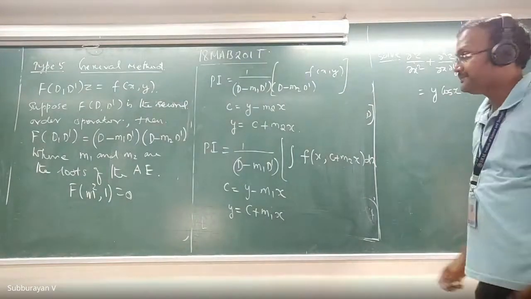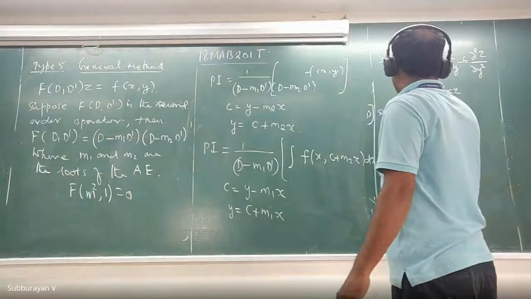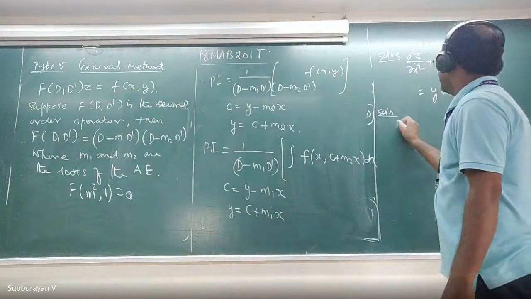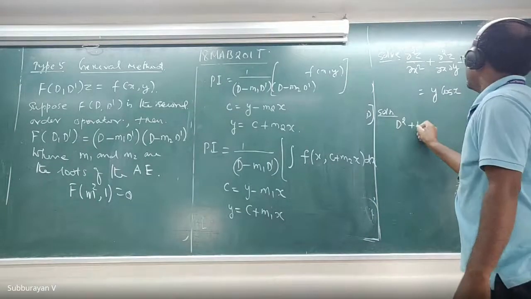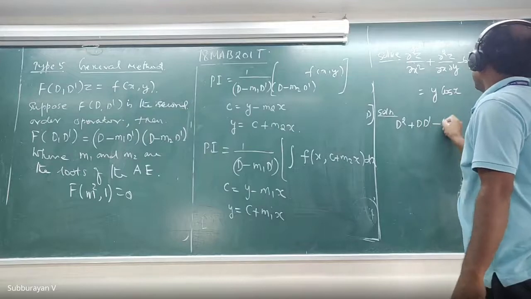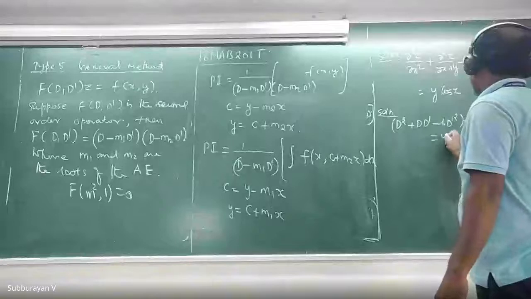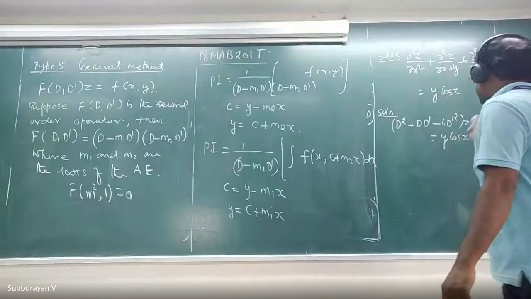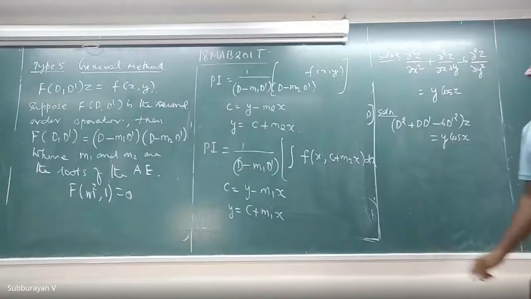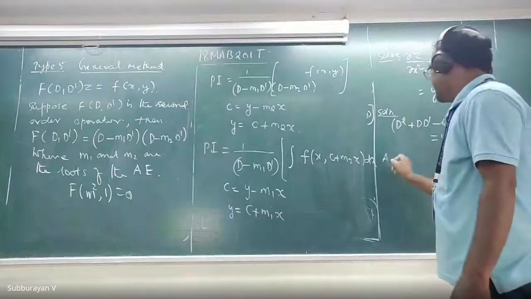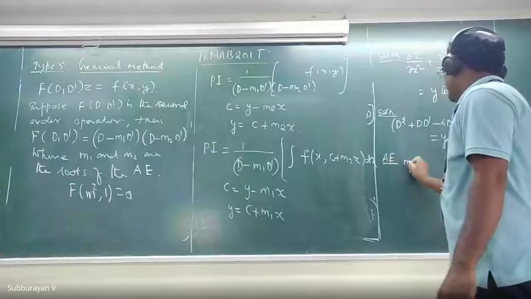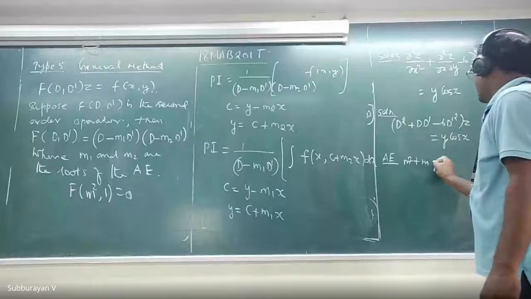Solution. The above equation can be written as D square plus D dash minus 6 D dash square into z equal to y cos x. Now tell me what is the auxiliary equation. The auxiliary equation is m square plus m minus 6 equal to 0.